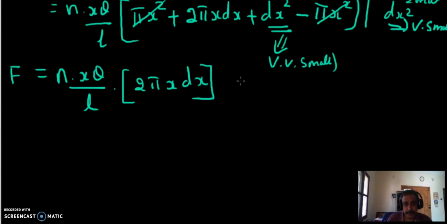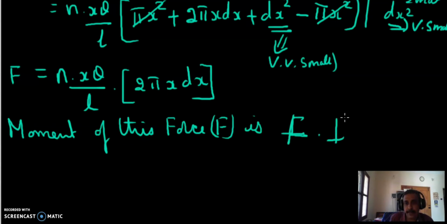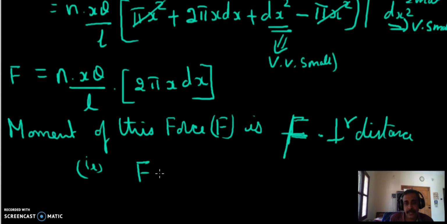Now I write the moment of this force F. The moment of F is F multiplied by the perpendicular distance, which is x once again.